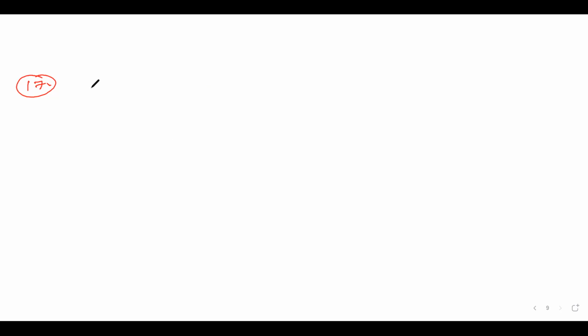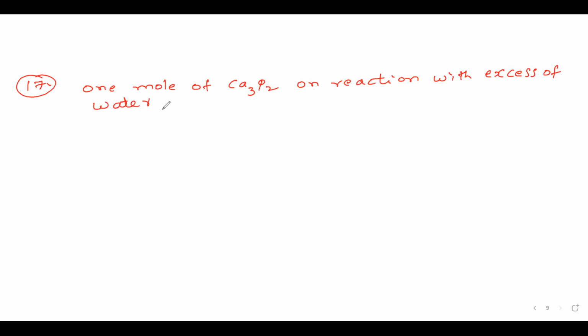1 mole of calcium phosphide, CaP2, on reaction with excess of water gives, option A, 1 mole of phosphine. They have given even balancing also. That's what they have said about moles.